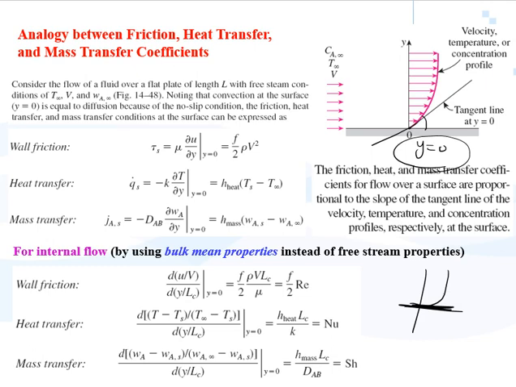So we have these three conditions at the surface for friction, heat transfer, and mass transfer, and it's for external flow, so on the surface. For internal flow, we can rewrite them differently. So first, it's shown in this slide, but let's first focus on external flow.